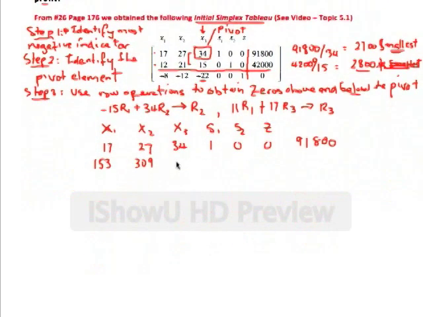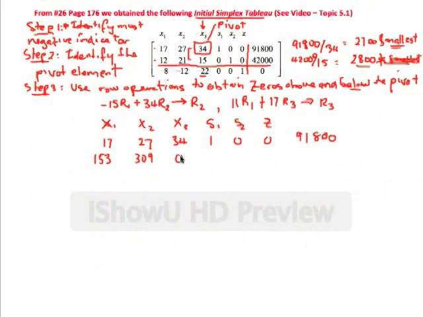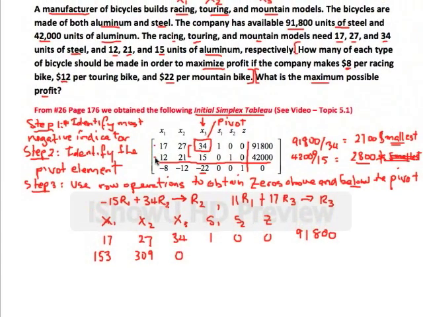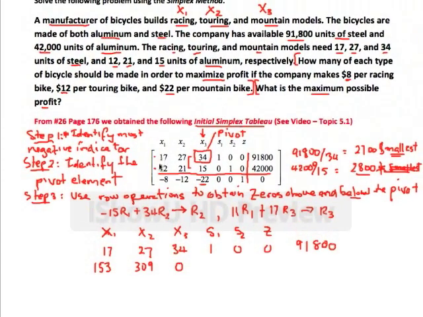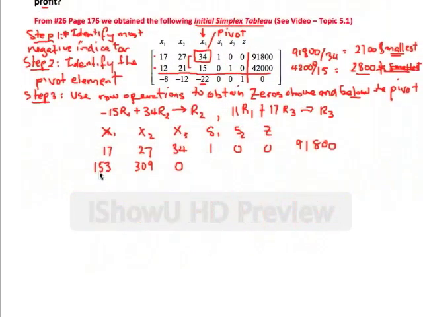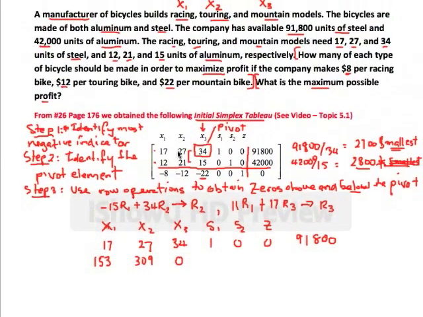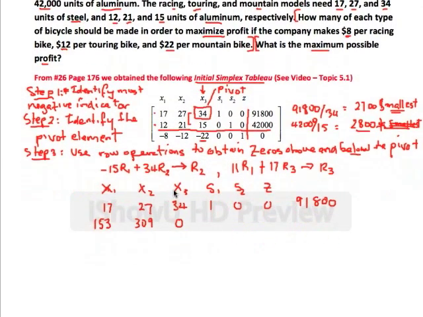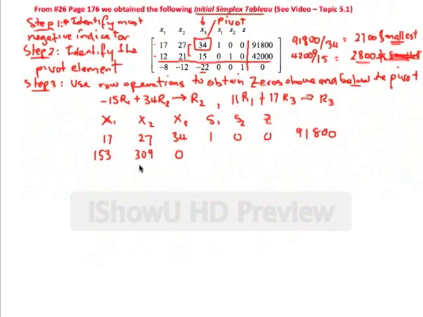Okay, so that will give us 0, which is what we were looking for. So just be careful of checking the arithmetic. Negative 15 times 17, add 34 times 12, will give you the 153. Your negative 15 times 27, add 34 times 21, should give you 309.